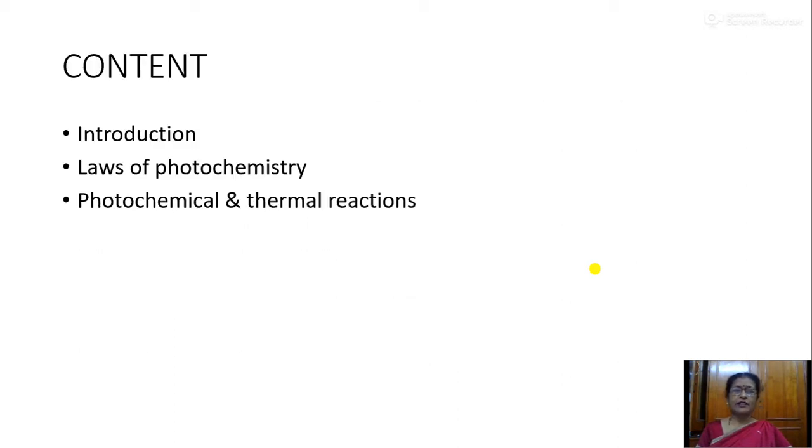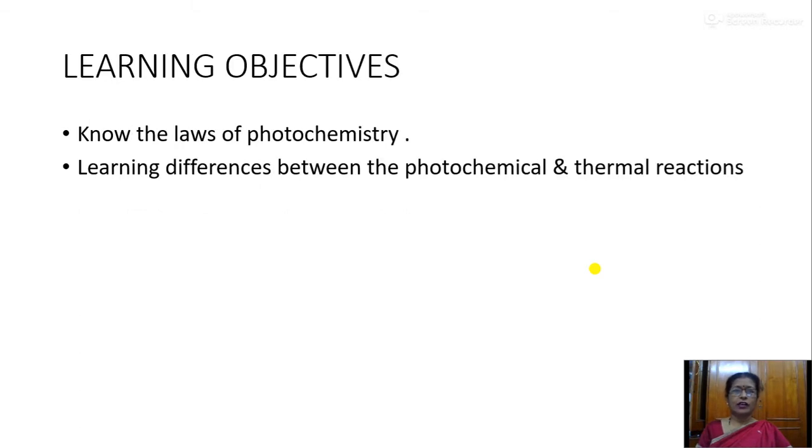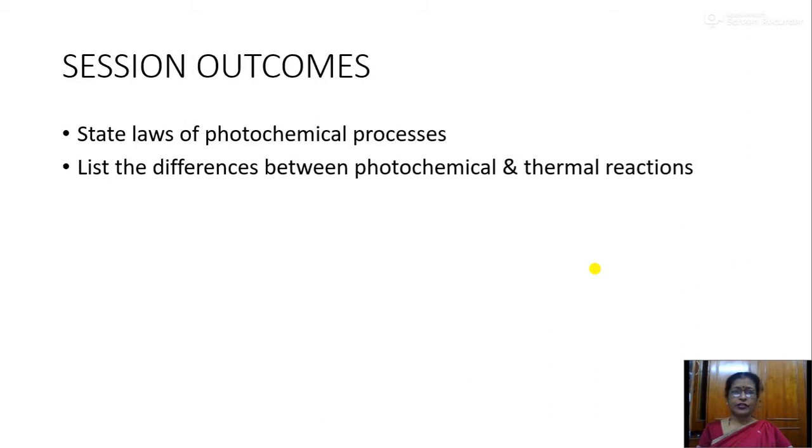The content which I am discussing here is introduction, laws of photochemistry, photochemical and thermal reactions. Learning objectives are to know the laws of photochemistry, learning the differences between photochemical and thermal reactions.